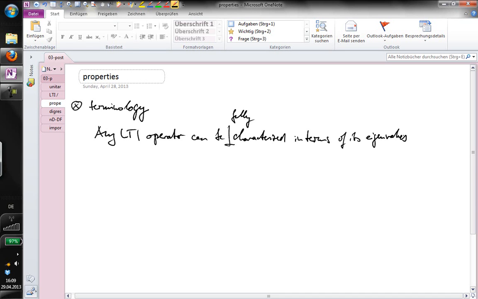And these eigenvalues then, of course, have a special name. They are called the transfer function.